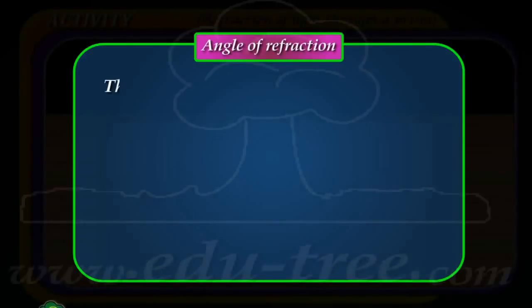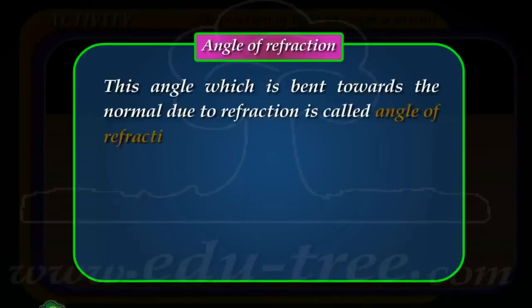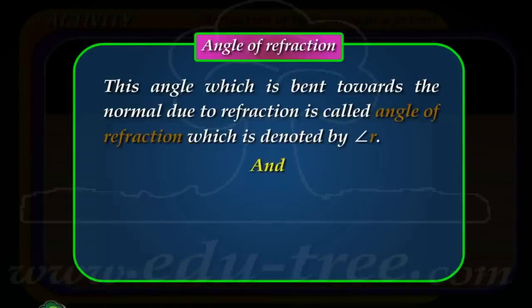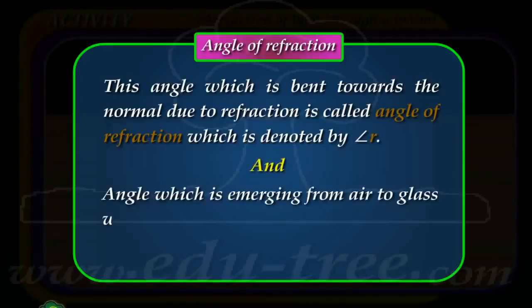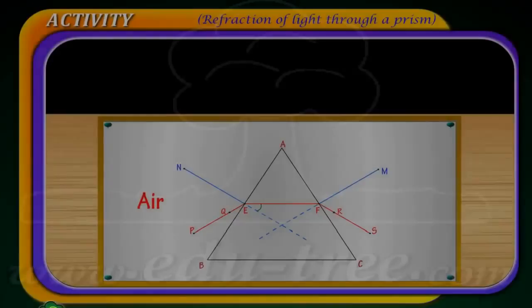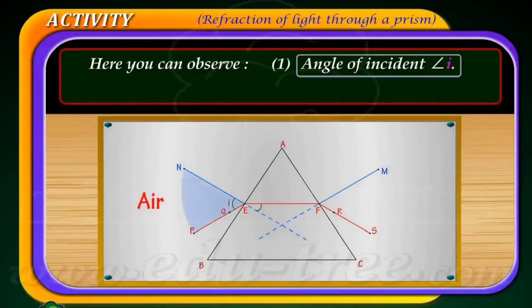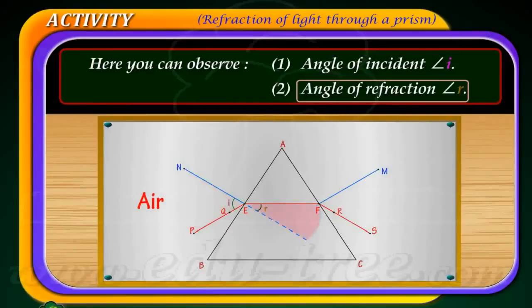This angle, which is bent towards the normal due to refraction, is called the angle of refraction, which is denoted by angle R. And the angle which the incident ray makes with respect to the normal is called the angle of incidence, which is denoted by angle I. Here, you can observe: 1. Angle of incidence, denoted by angle I. 2. Angle of refraction, denoted by angle R.